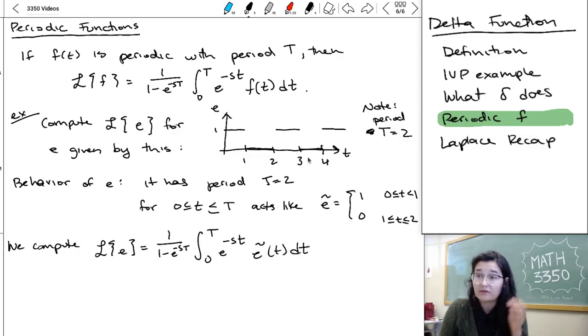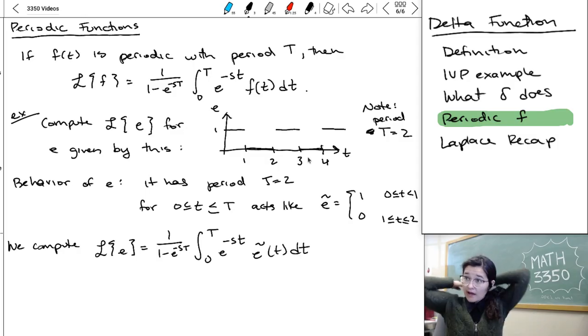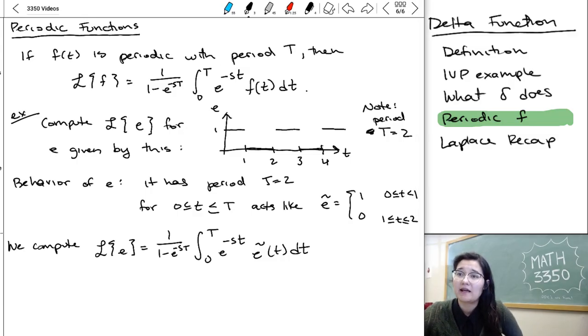And we'll integrate that with respect to t. And what I'm going to end up doing is moving to the next slide to write out the integral where we plug everything in. So do pause if you're still working here.